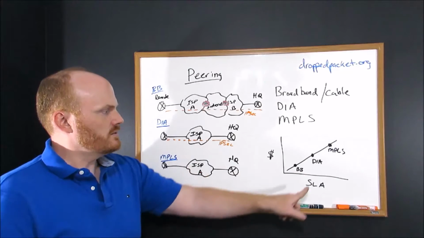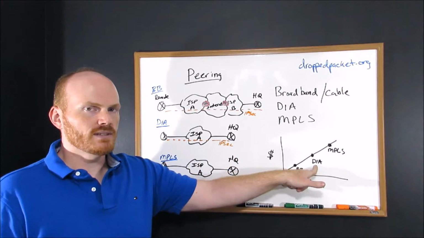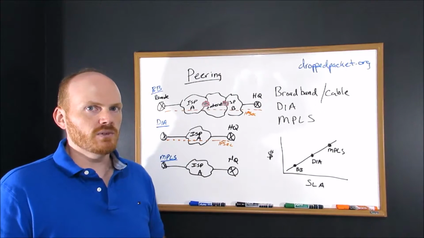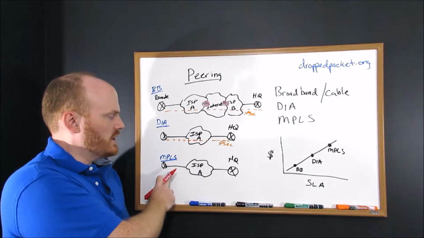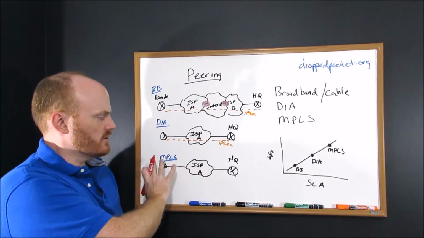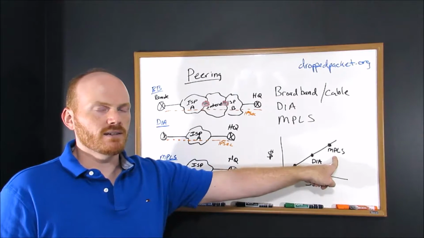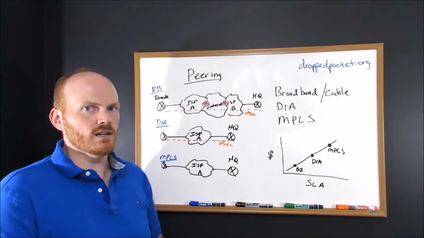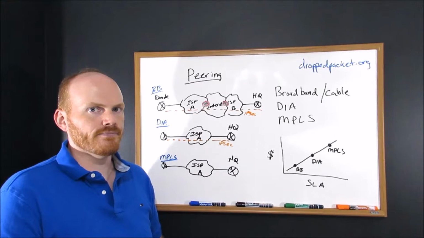The ISP themselves usually don't give much of a performance SLA with DIA, but they'll have more visibility to that, so they might be more willing to help you troubleshoot issues. MPLS, same concept, you're all on the same ISP, but the product comes with higher SLAs for performance. So the provider is most likely going to help you troubleshoot packet loss, delay, and jitter without any problems.